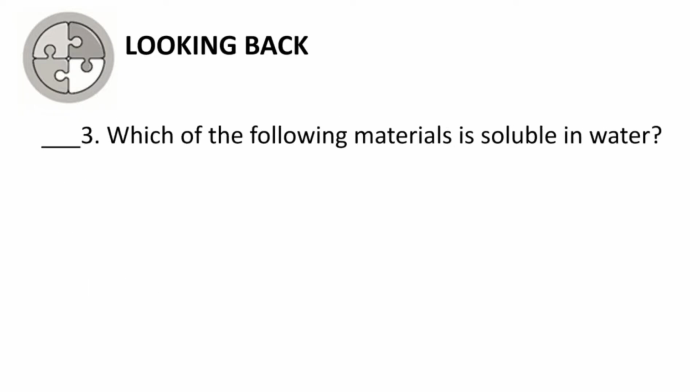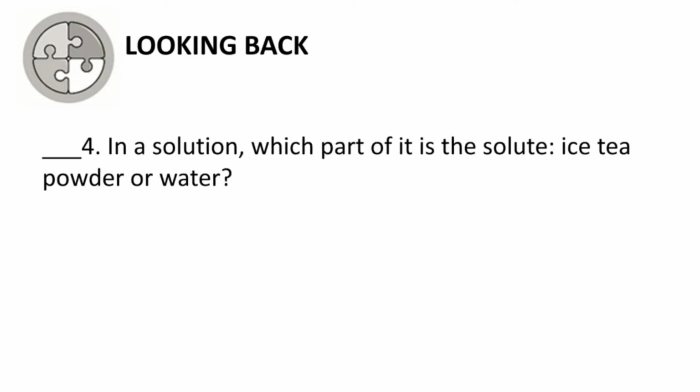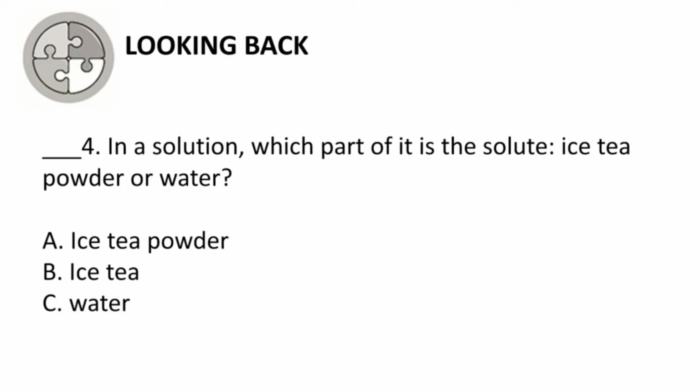Number 3. Which of the following materials is soluble in water? A. Cork. B. Oil. C. Glass. And D. Sugar. Write your answer. Number 4. In a solution, which part of it is the solute? Iced tea powder or water? A. Iced tea powder, B. Iced tea, C. Water, and D. Sugar.